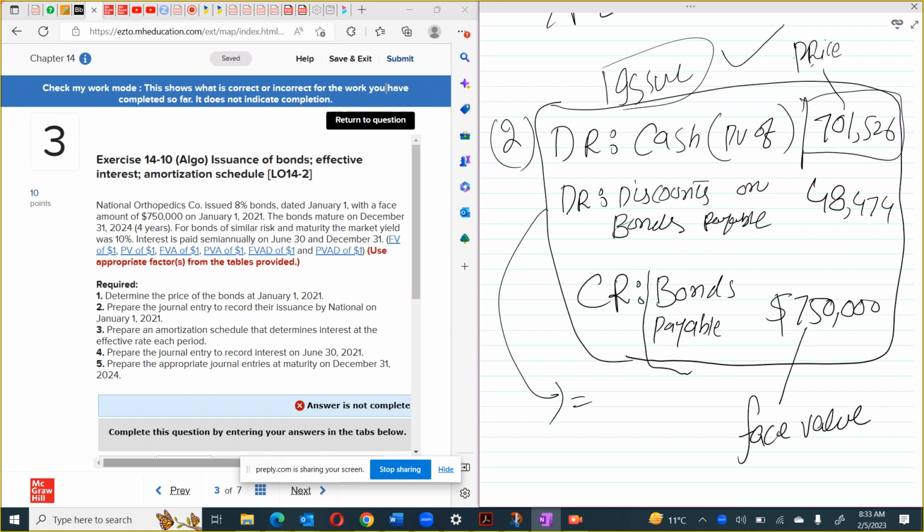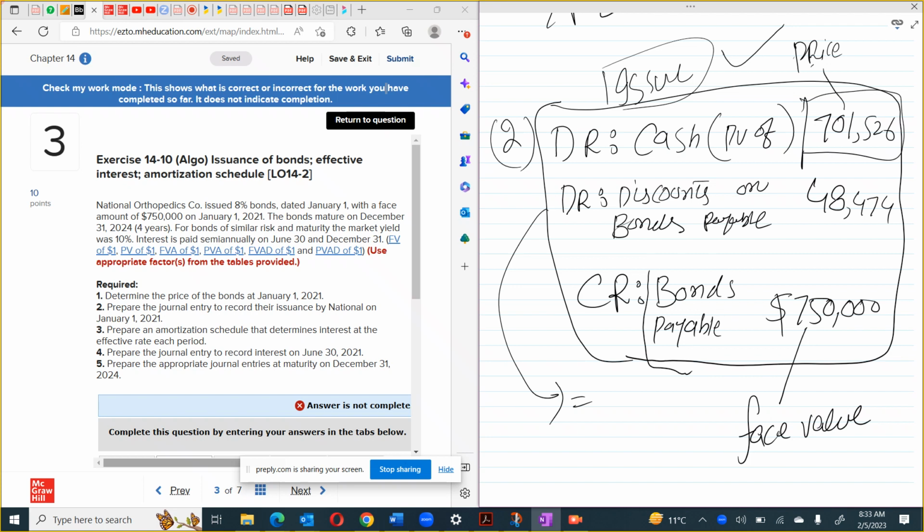If I go to the last question where we calculated the table, here we used the effective interest method. But if the question is straight line method, how will you calculate it? Very simple. It's easier than this.